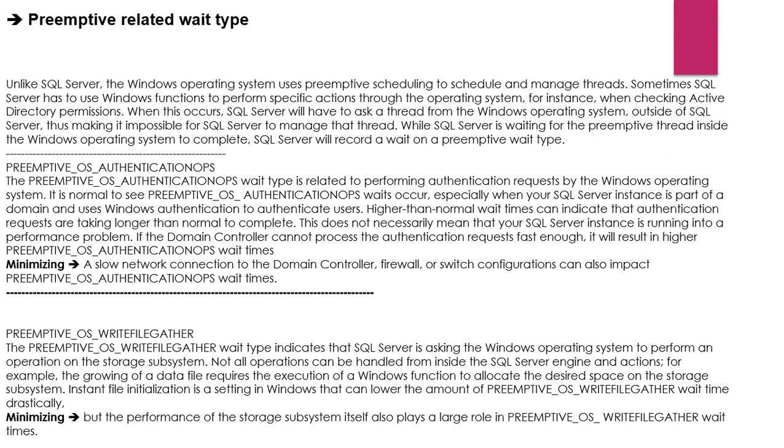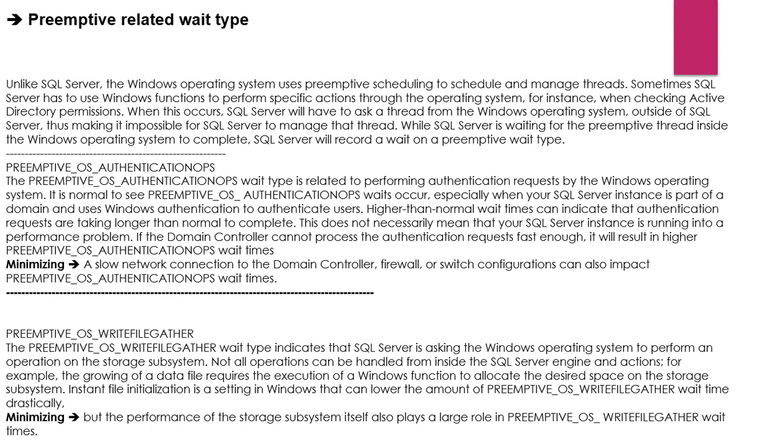Similarly, the PREEMPTIVE_OS_WRITEFILEGATHER wait type indicates that SQL Server is asking the Windows operating system to perform an operation on the storage subsystem. Not all operations can be handled by the SQL Server engine. For example, the growing of a data file requires the execution of a Windows function to allocate the desired space on the storage subsystem.